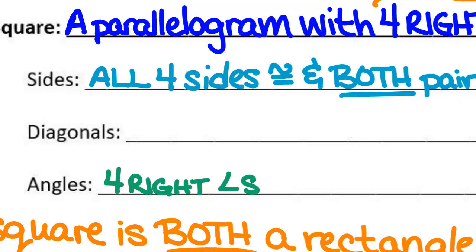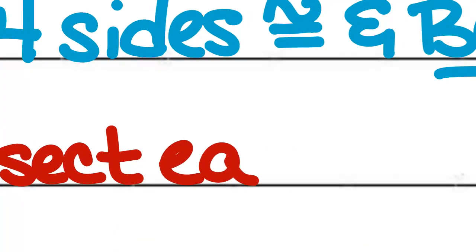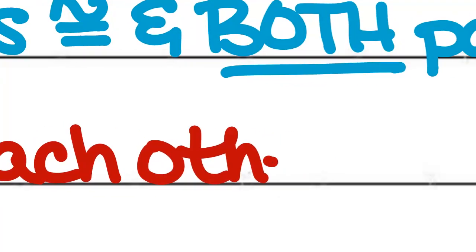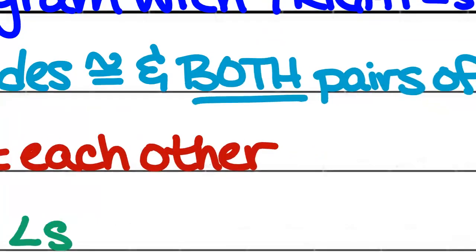What do we know about the diagonals of a rectangle? They bisect each other. That's going to be true whether it's a rectangle or a rhombus, because that's true for all of my parallelograms. They bisect each other.